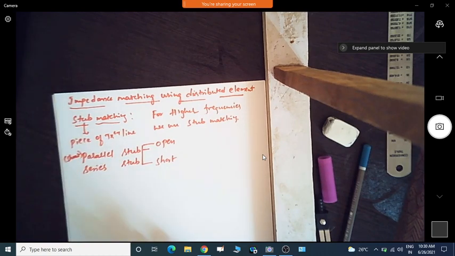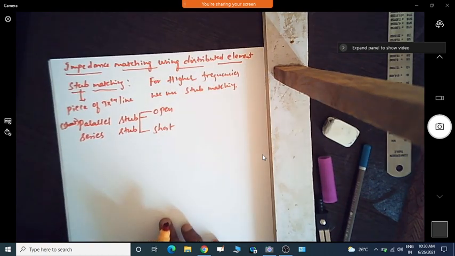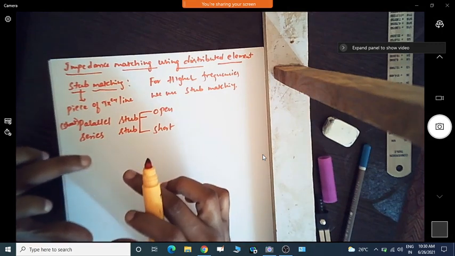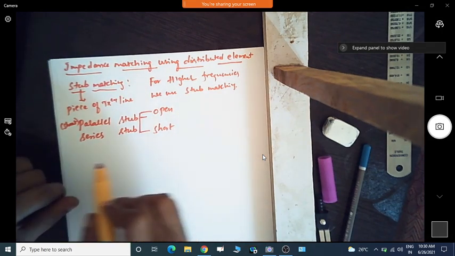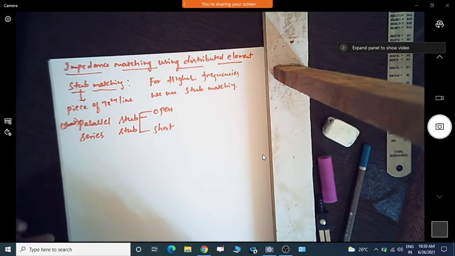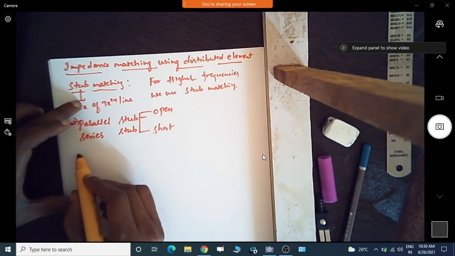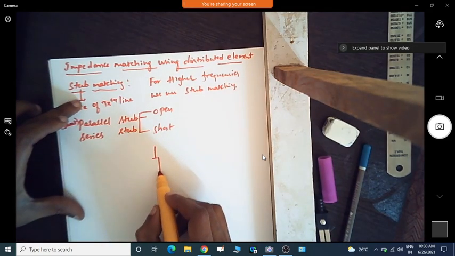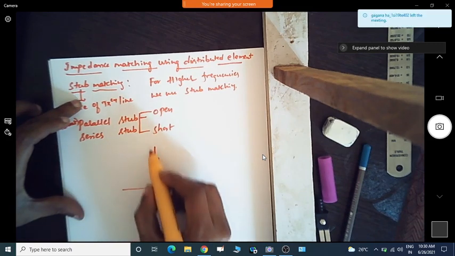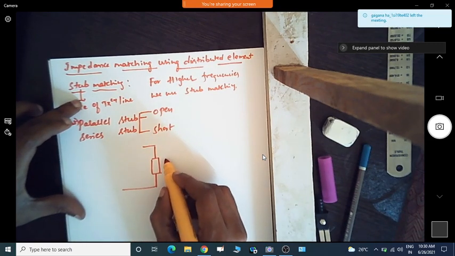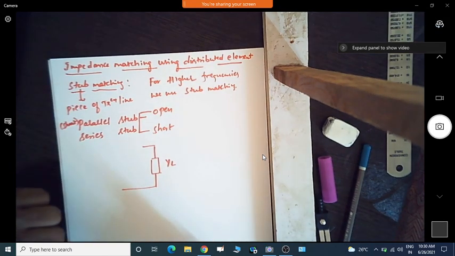Now, whenever we use distributed elements, for matching we need to take care of the transmission line characteristic impedance also. Let us take a load in terms of YL, that is the admittance load.